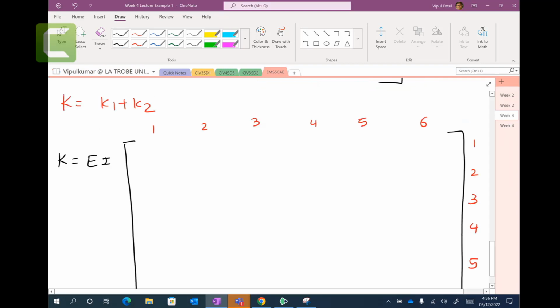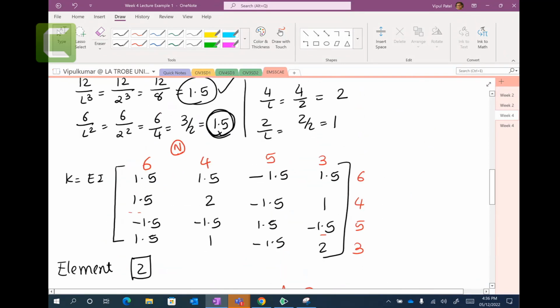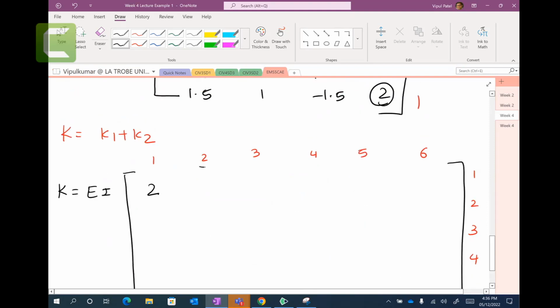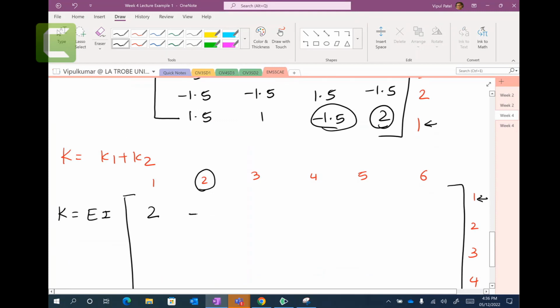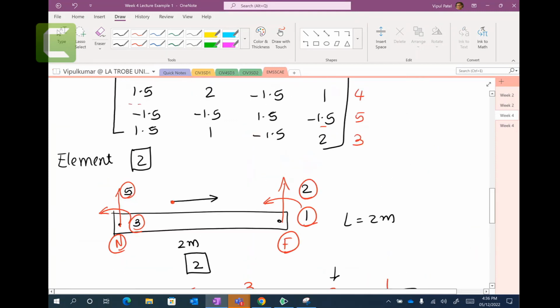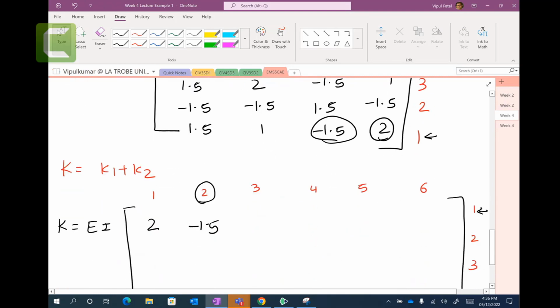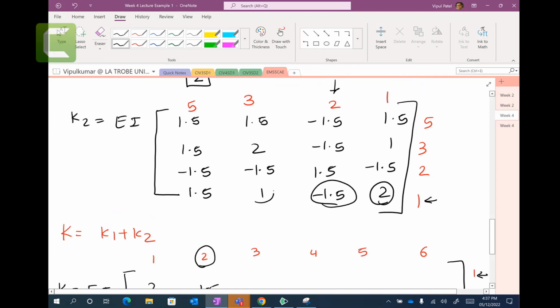Now the numbers that we're going to make: 1 1. So 1 1 is 2 here. Is there a 1 1 here? There is no 1 1, so just 2. Column 2, row 1 is minus 1.5. You with me? There is no other column 2, row 1, otherwise we would need to add them. Again, column 3, row 1 is 1.